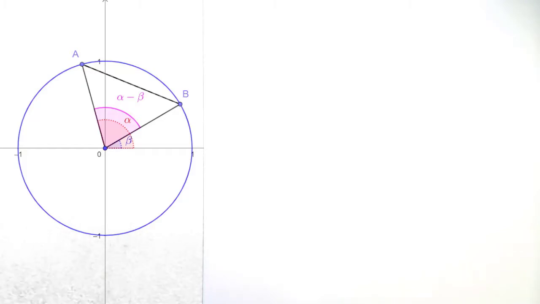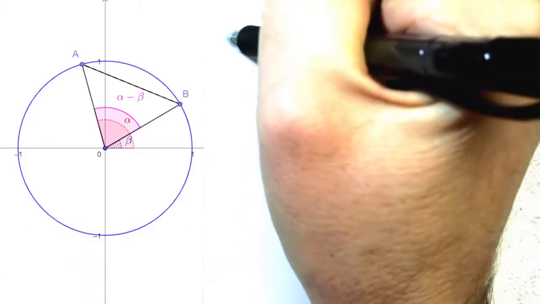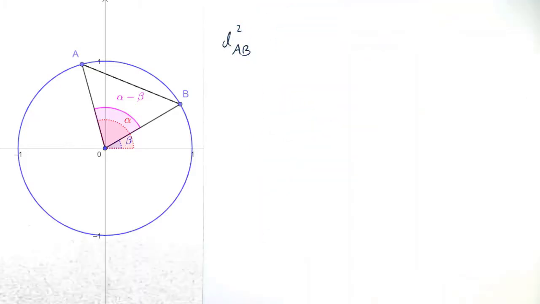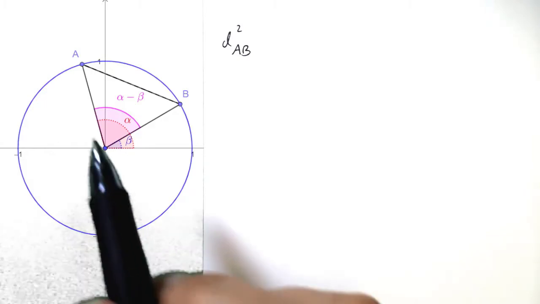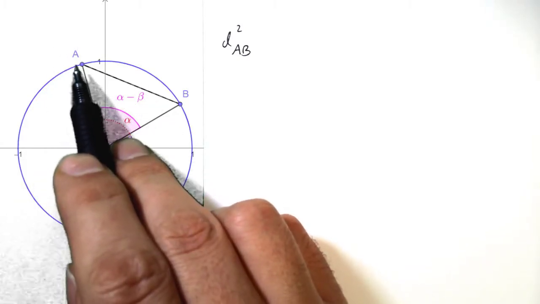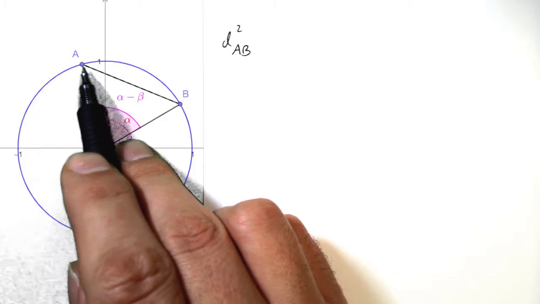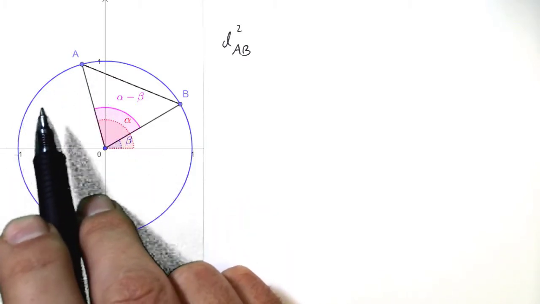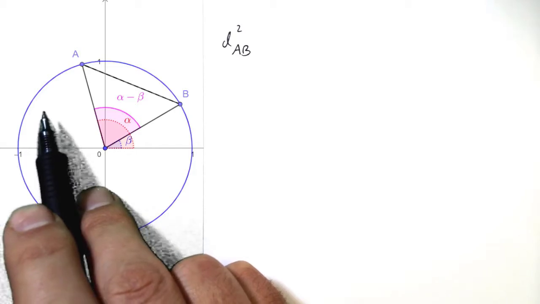So we are going to compute the square of the distance between A and B. Since we want to prove a formula for cosine, we're going to use trig functions to do this. So how do I find the x-coordinates and y-coordinates of the points A and B? The cosine function gives us the x-coordinate.